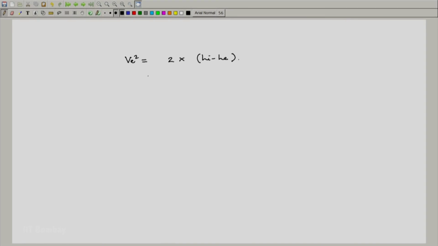and we have to convert this into joule per kg. So, we first substitute the values. Hi was 3043.9 and He now we have calculated as 2664.1, and we multiply this by 1000 so that our units are correct.